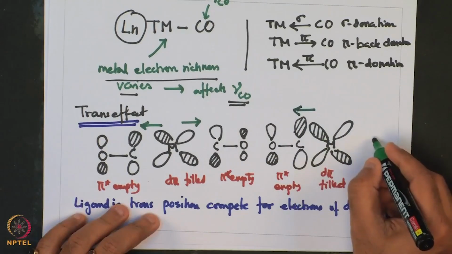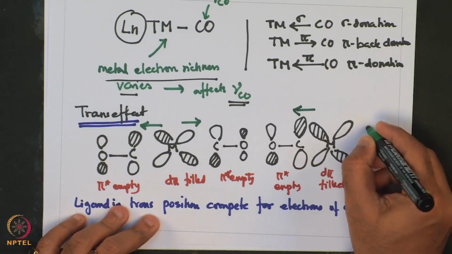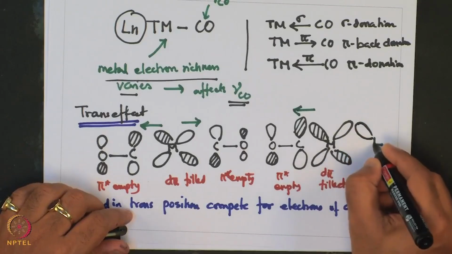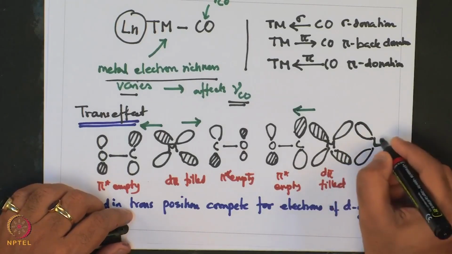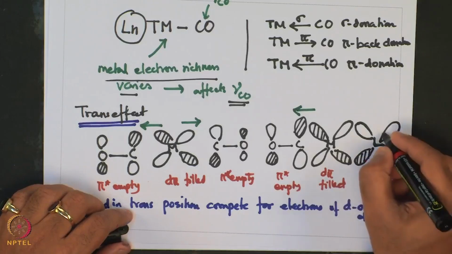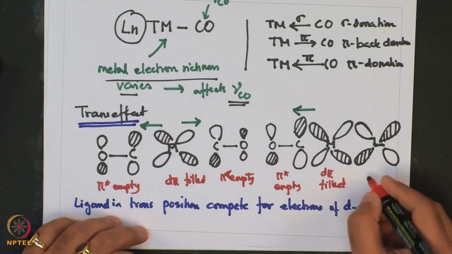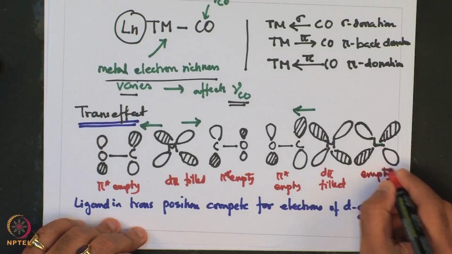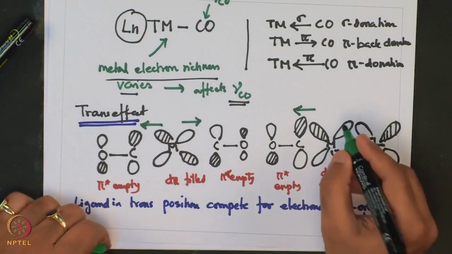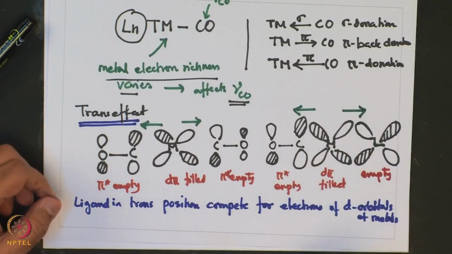Now, imagine a ligand with an empty orbital of appropriate pi symmetry, which would also like to compete for this electron density of the d orbital of the central metal atom.